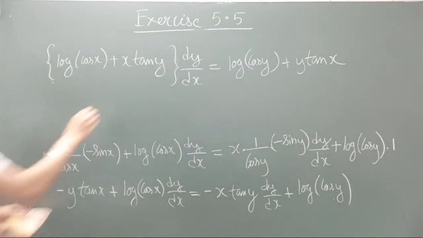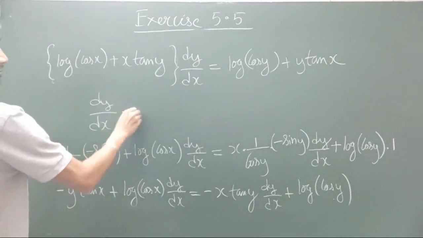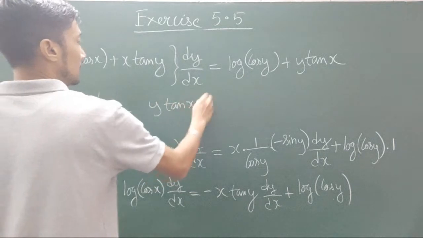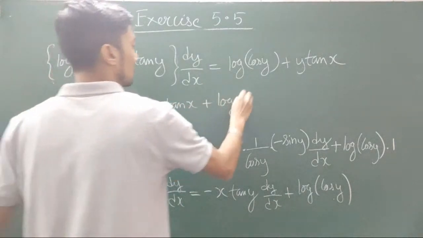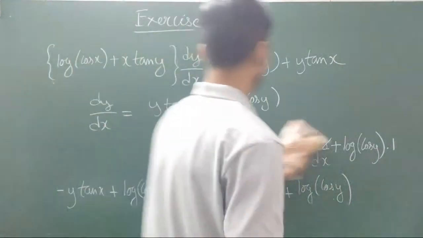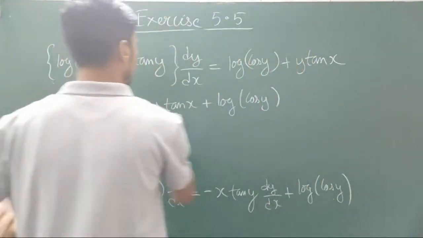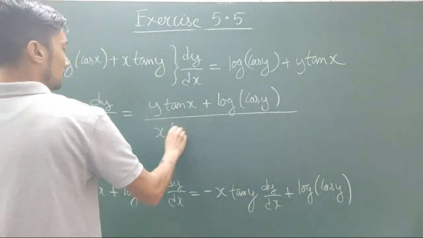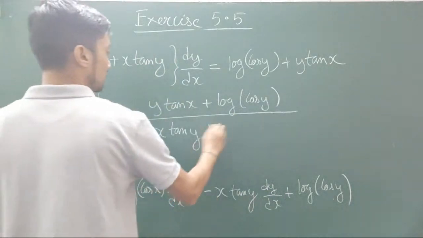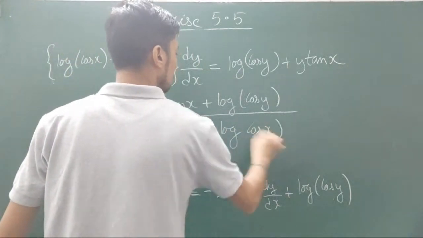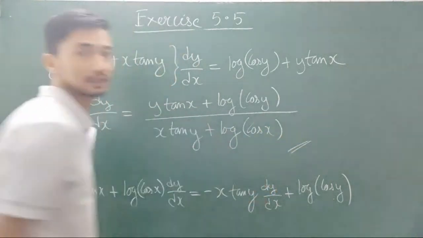So dy upon dx would be simply, I'll just arrange and write, y tan x plus log cos y divided by x tan y plus log cos x.